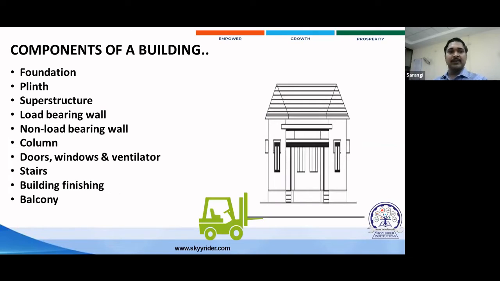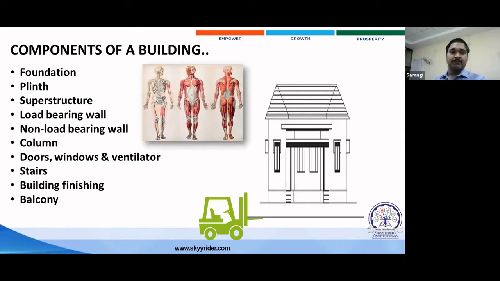The components of buildings are the sections of a building structure. To understand easily, let's compare the building structure with a human body. The foundation is the bottom part of a building structure where all the loads of the structure are transferred to the ground surface.